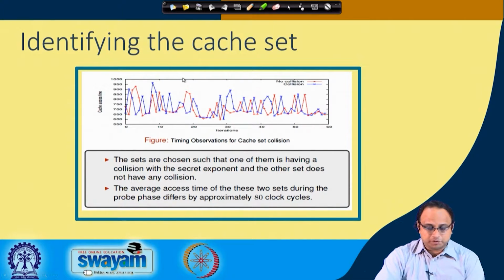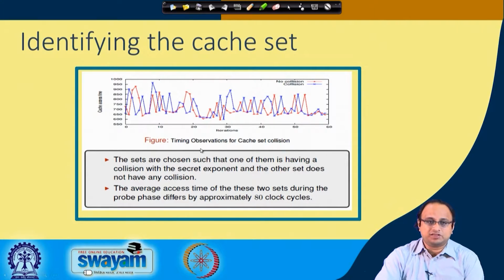Here is an experiment to show that it works. There are two graphs shown over here. The blue one corresponds to a collision. That means the cache set you are using to prime and probe is colliding with your secret exponent.